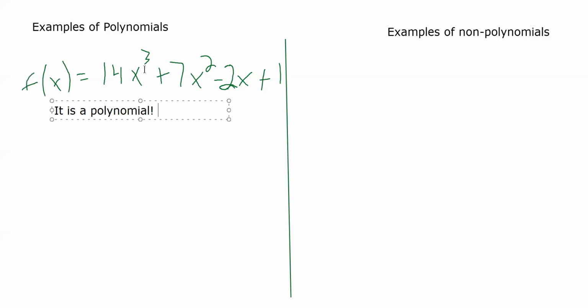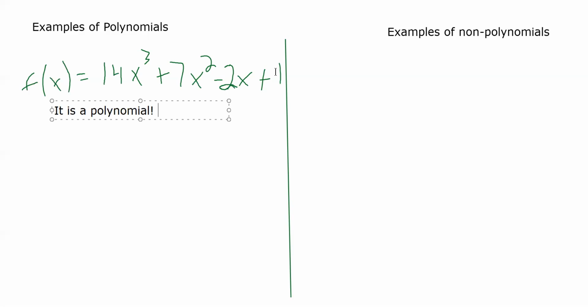The reason is, look at all the powers of x. One of the subtle implications behind that definition is that all the powers of x have to be positive integers.